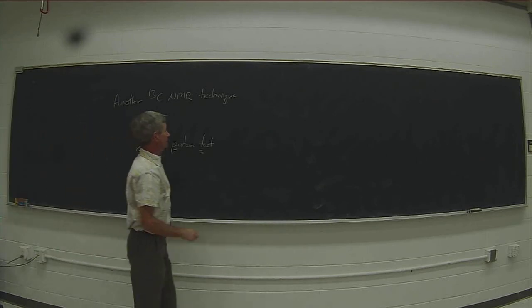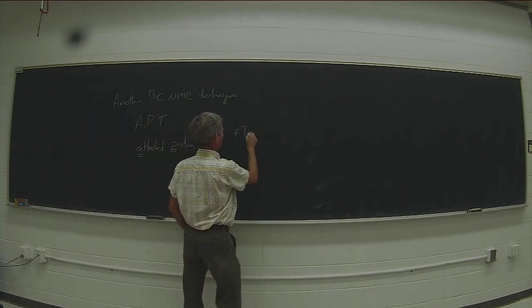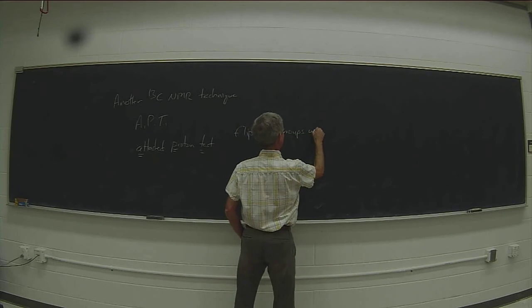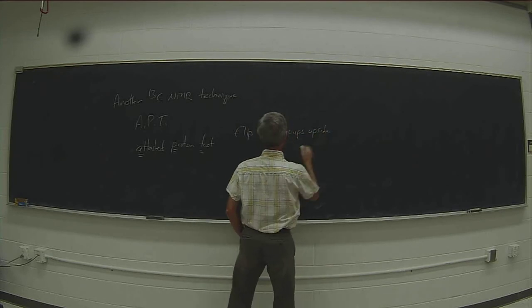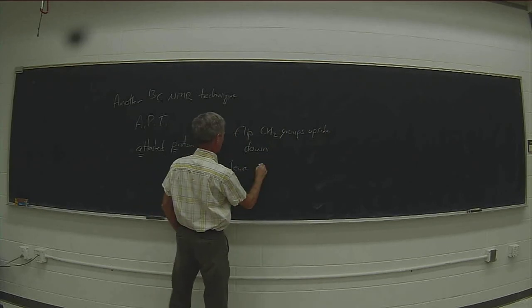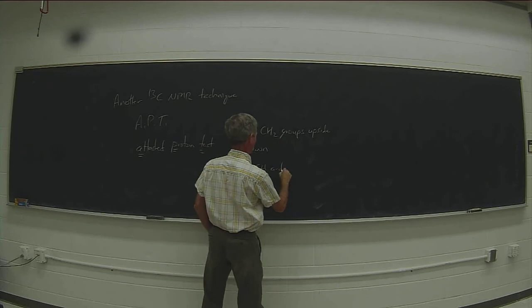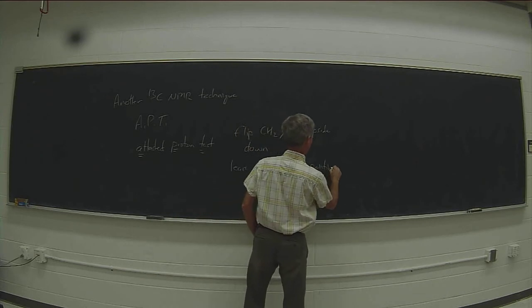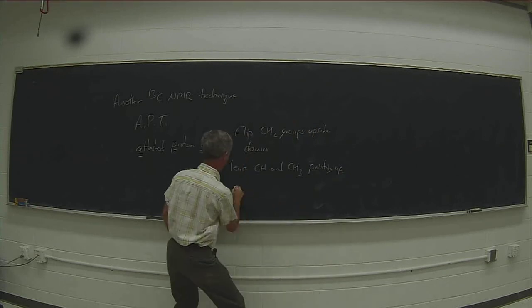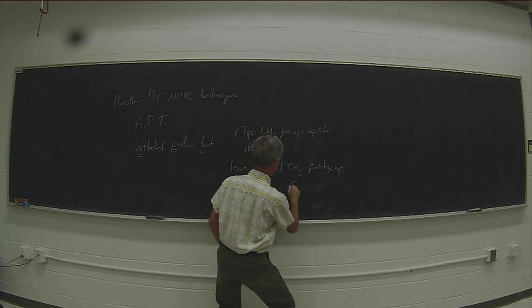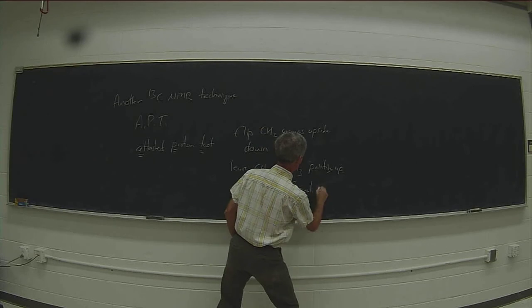And the APT spectrum will flip CH2 groups upside down, keep CH and CH3 groups pointing up, and render quaternary carbons invisible.